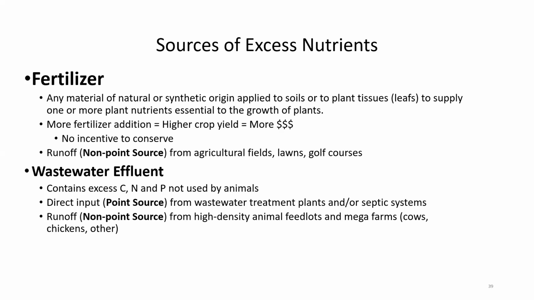And again, runoff. If you have runoff from animal feedlots or mega farms or even your own yard, that can contribute as well to sources of excess nutrients. And these are going to be kind of non-fertilizer options.